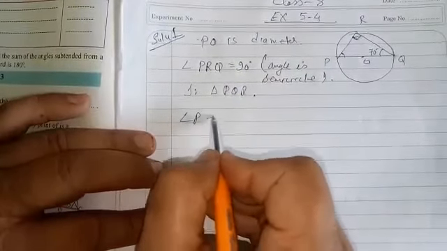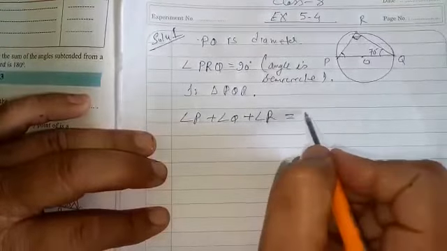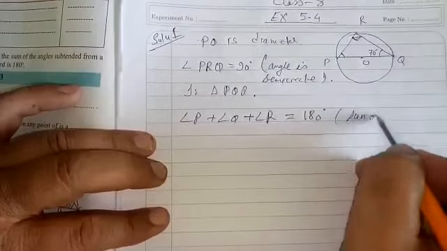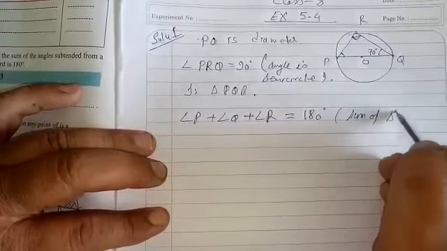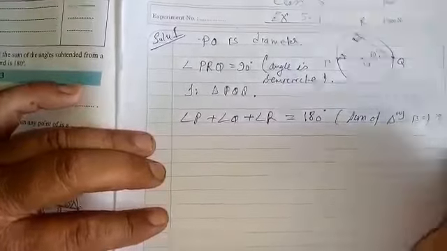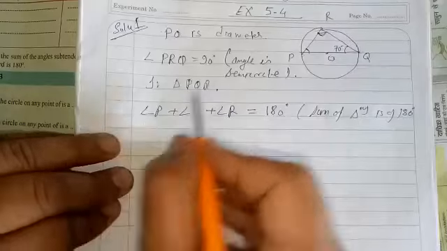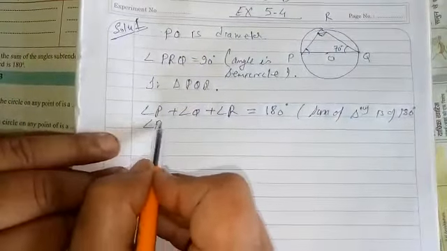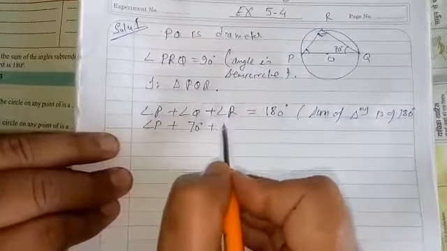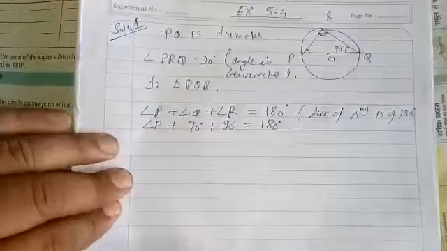So angle P plus angle Q plus angle R equals 180 degrees, we know the sum of a triangle is 180 degrees. You have to write at the side, sum of triangle is 180 degrees. Now the value of angle P we don't know, it will be as it is. Angle Q is 70 plus angle R is 90 degrees equals 180 degrees.